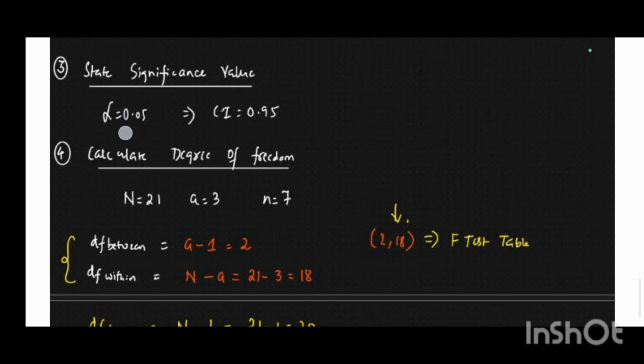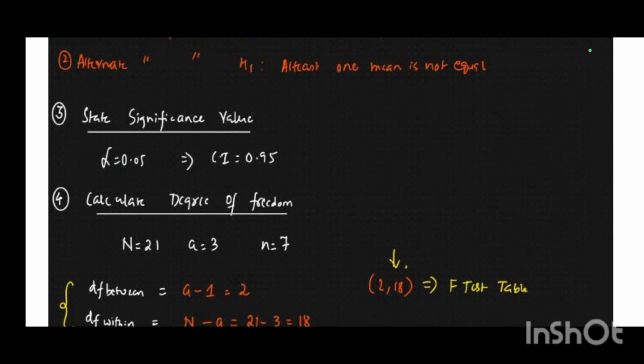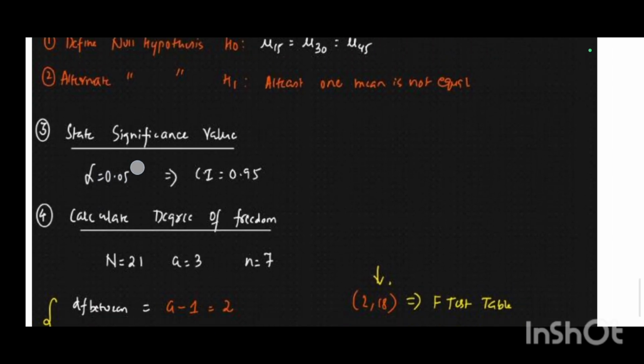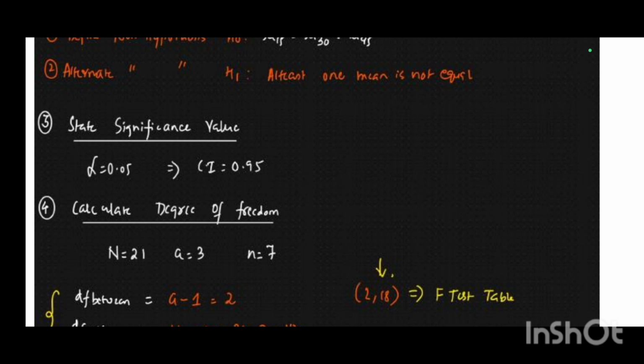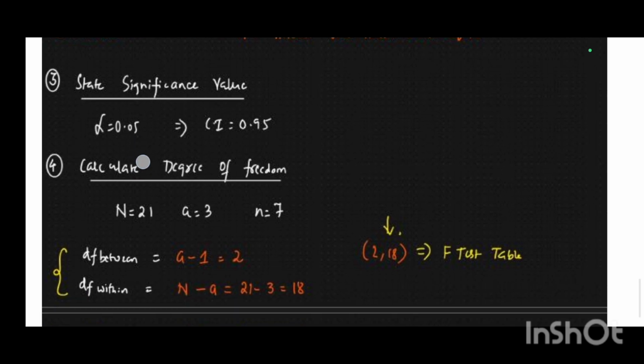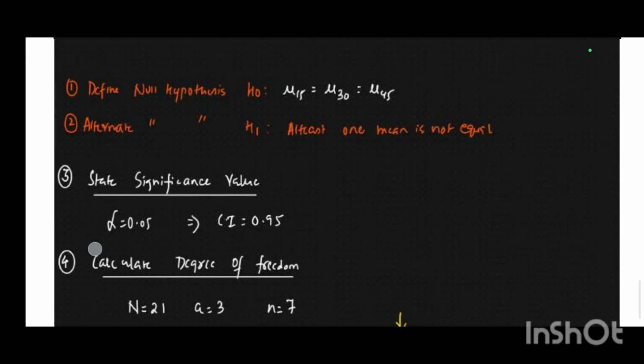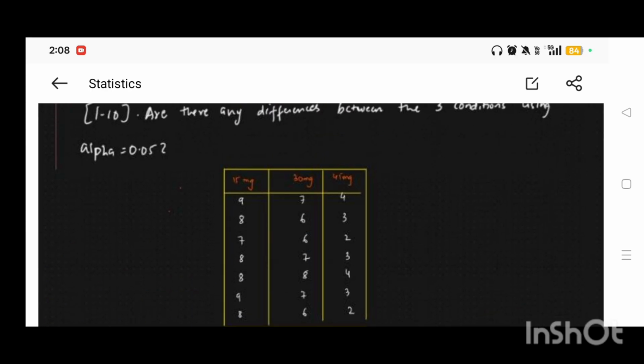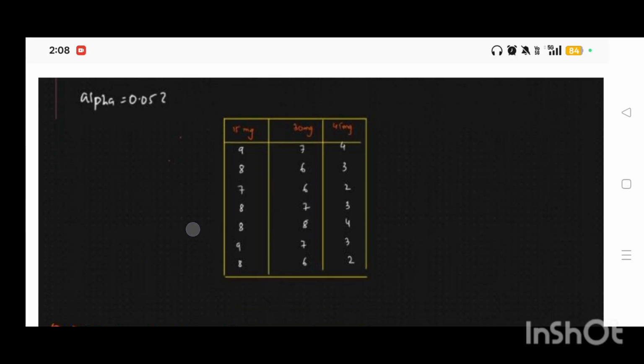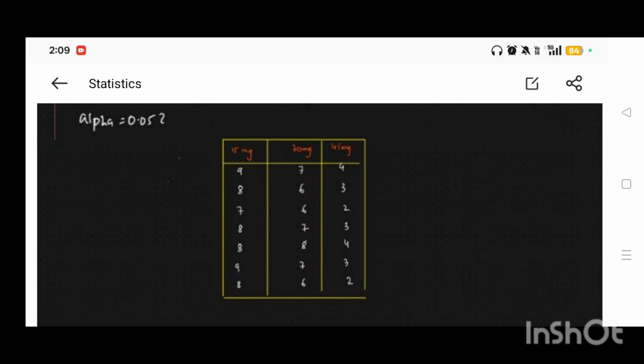The total given values are capital N equals 21. How many levels? There are three levels, so G equals 3, and small n equals 7, the number of rows. If you consider 7 rows and 3 columns, the total is 21.